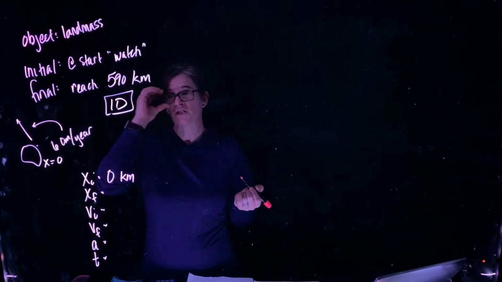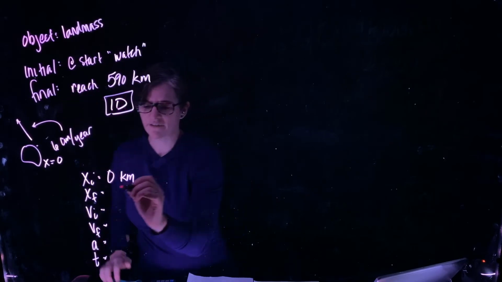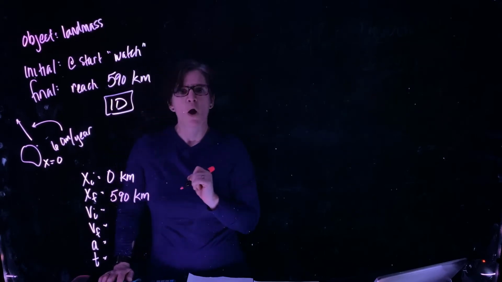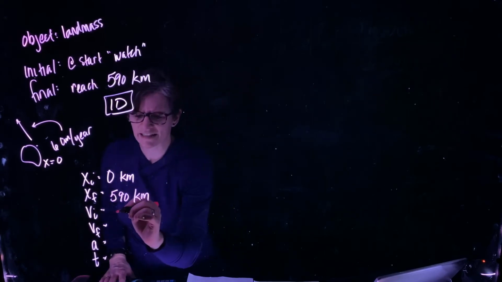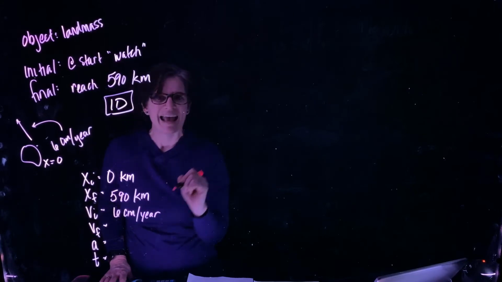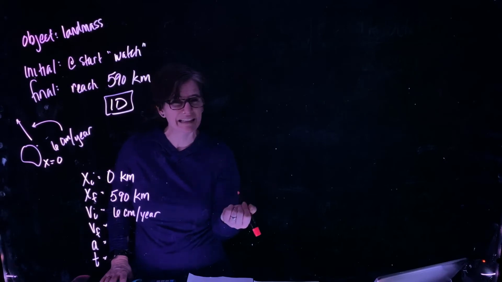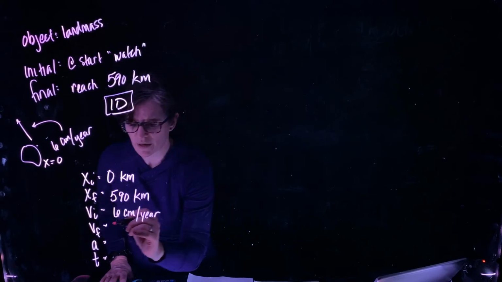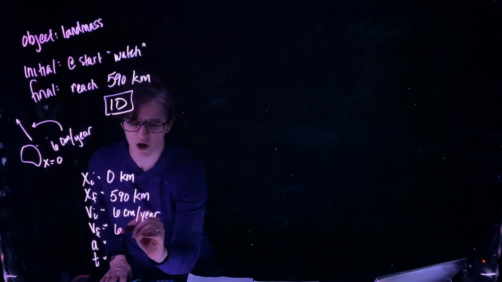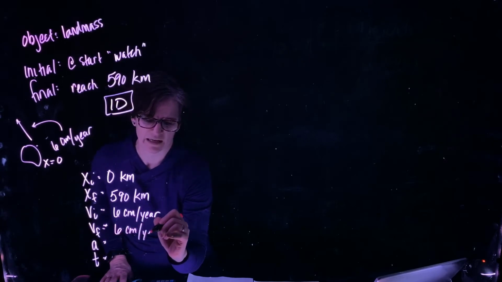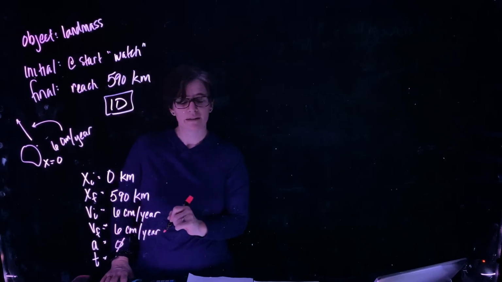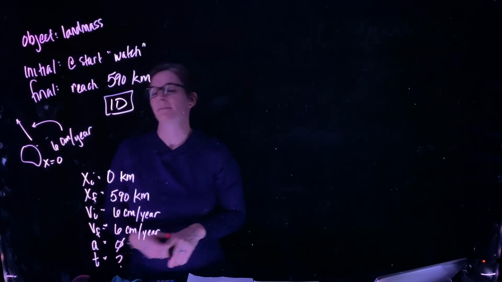Our final position, when we reach that 590 kilometers, we know we're moving at 6 centimeters per year, and we're not accelerating. It says it moves at a constant rate. So the final, when we reach that 590, we're also going to be at 6 centimeters per year. Our acceleration is 0, and we don't know the time.